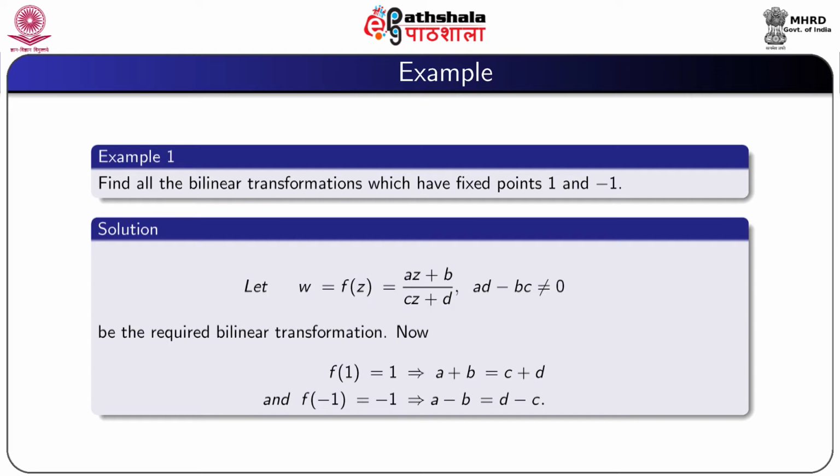Given that 1 and minus 1 are two fixed points of this transformation, that means f(1) equal to 1 and f(minus 1) equal to minus 1. Now, f(1) equal to 1 implies a plus b equal to c plus d, and f(minus 1) equal to minus 1 implies a minus b equal to d minus c.